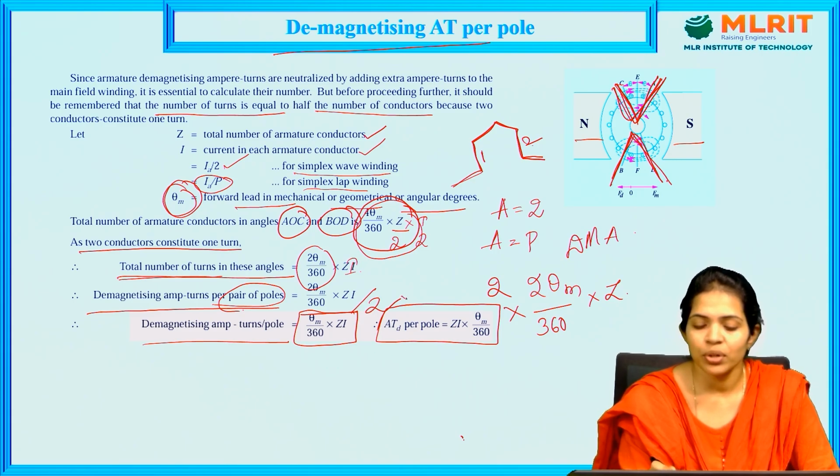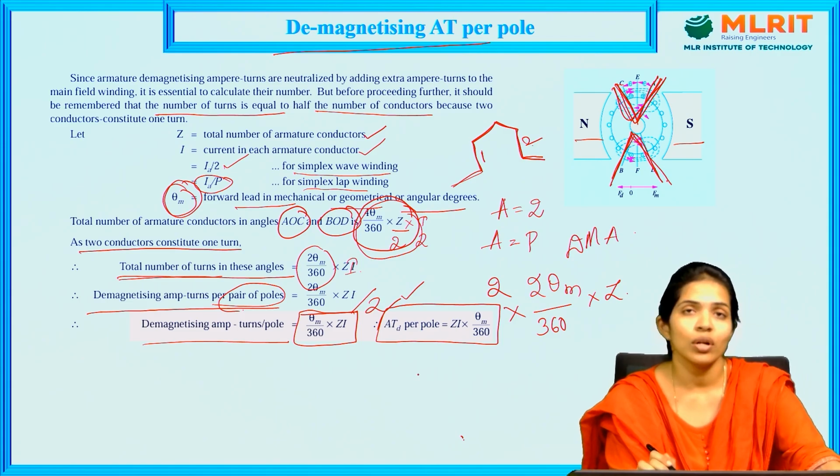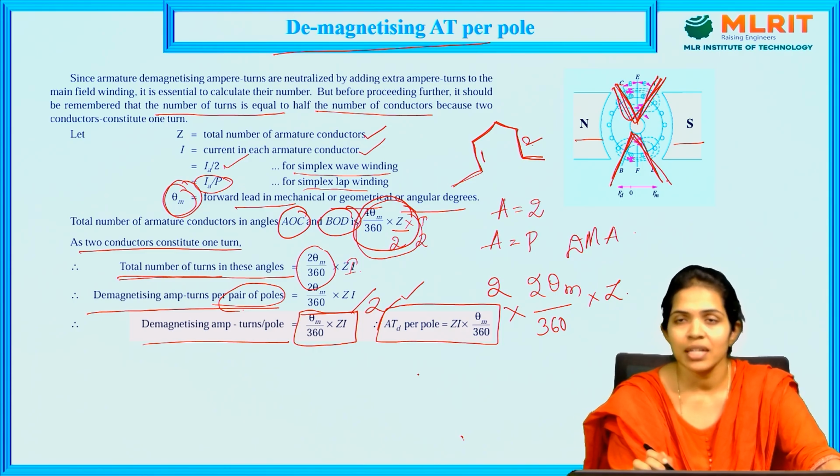It is a formula to calculate the number of ampere turns required to neutralize the demagnetizing effect in armature reaction.